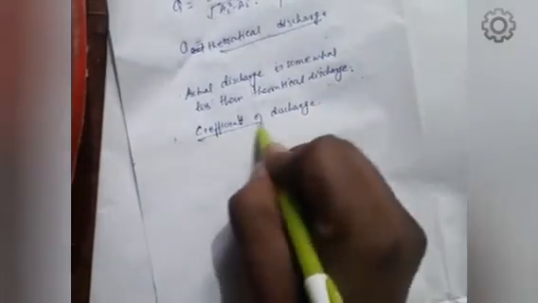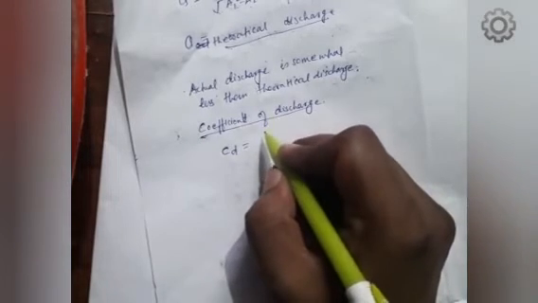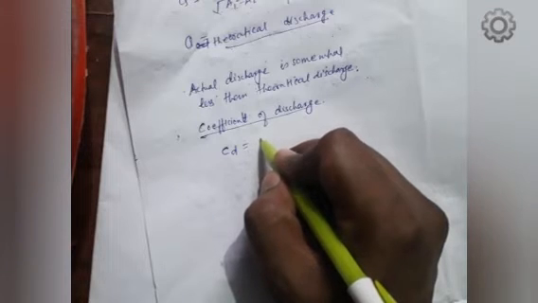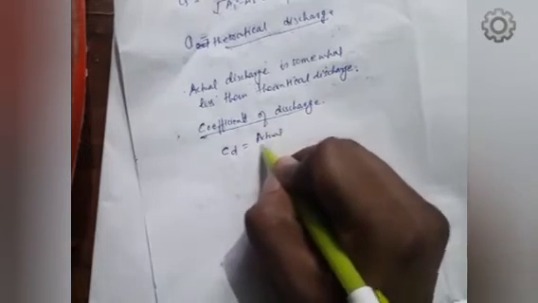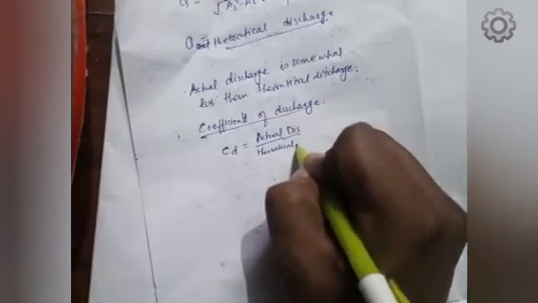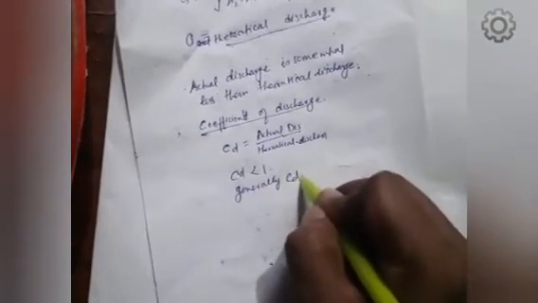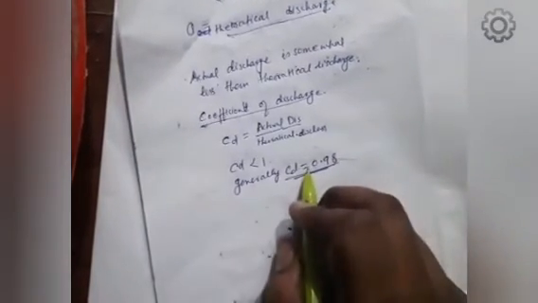Coefficient of discharge CD is equal to actual discharge divided by theoretical discharge, and it is always less than 1. Generally CD is equal to 0.98 taken for a Venturi meter.